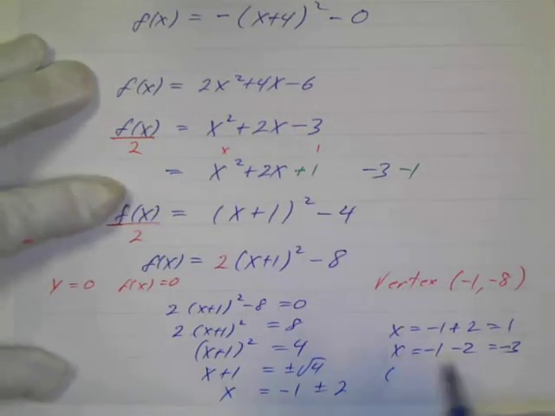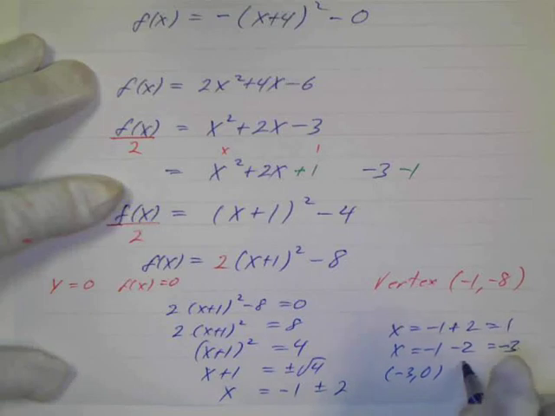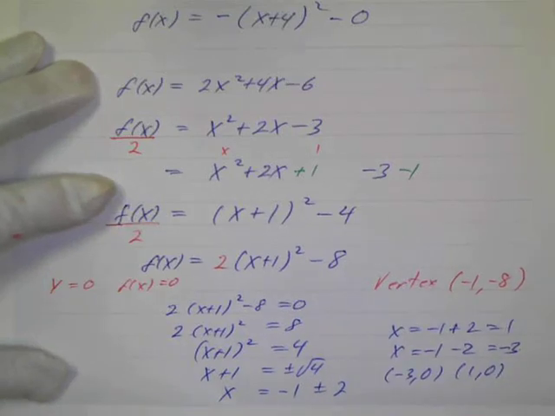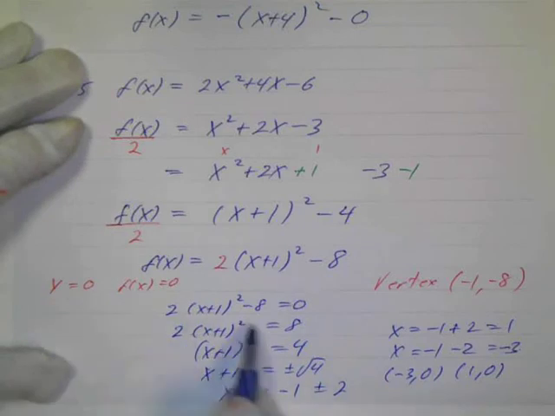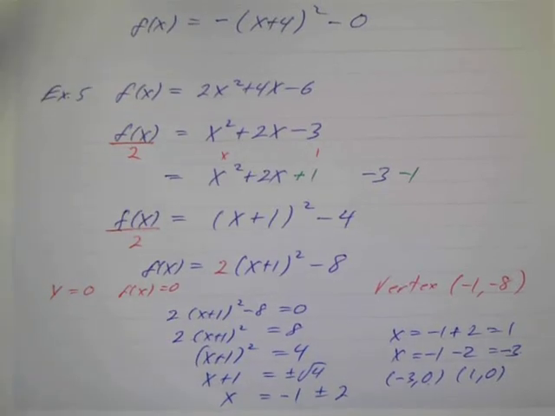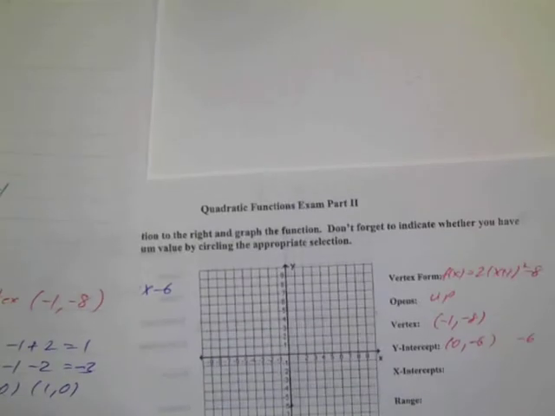So my intercepts are going to be the point negative 3, 0, that's this one, and the point 1, 0. Those are the intercepts. That's when y is 0, because we set y equal to 0, because this was y. So when y is 0, this is what we get. So we could write this down over here for our x-intercepts.